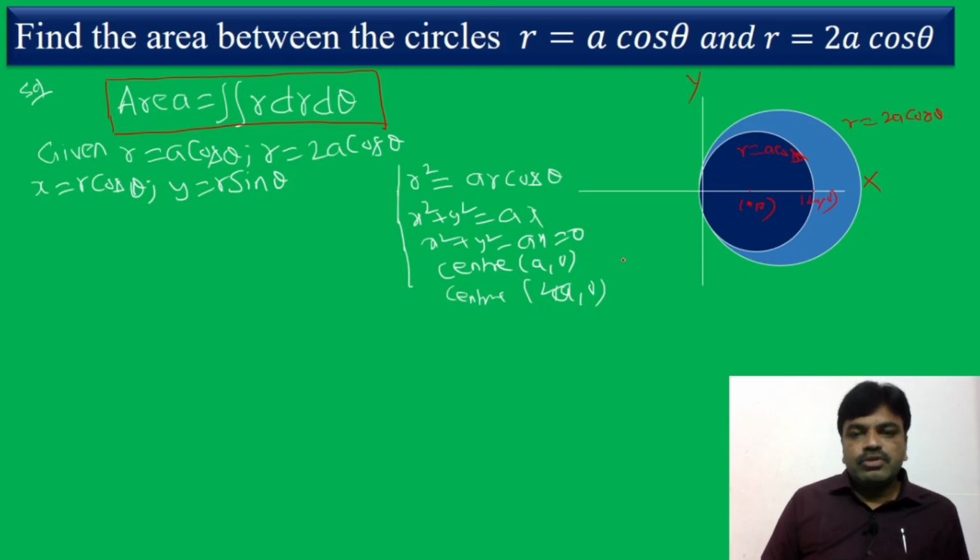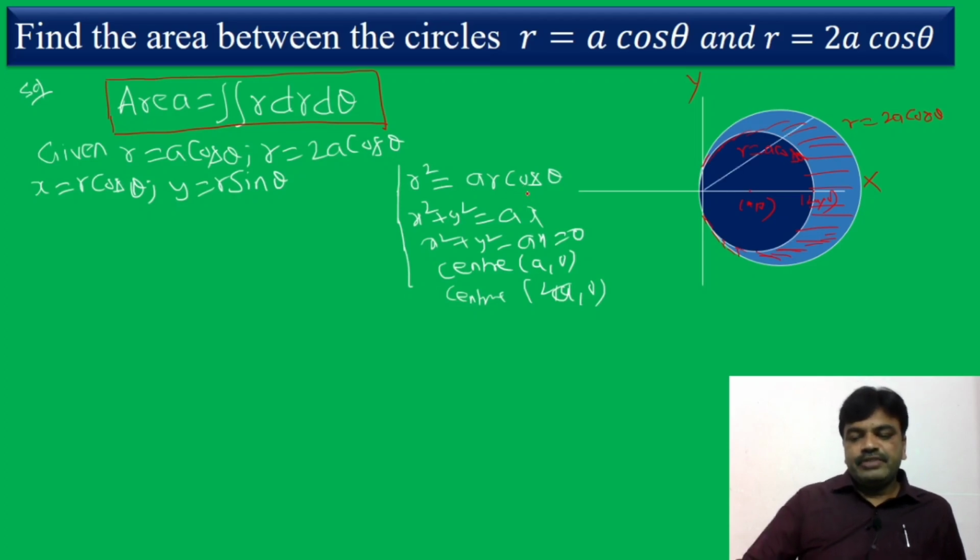It is polar coordinates. What is our bounded region? He says between the circles. Between the circles means our bounded region is this one, from here up to here. Since it is polar coordinates, we draw a wedge, friends.